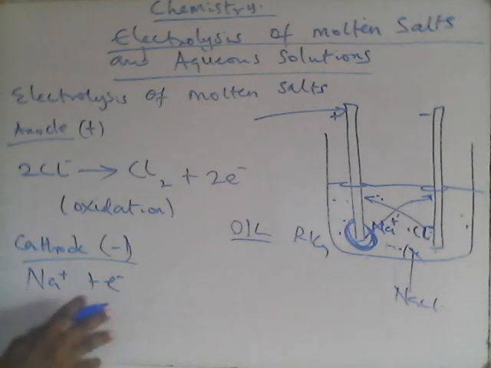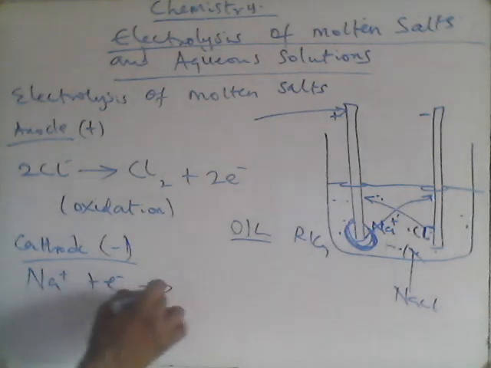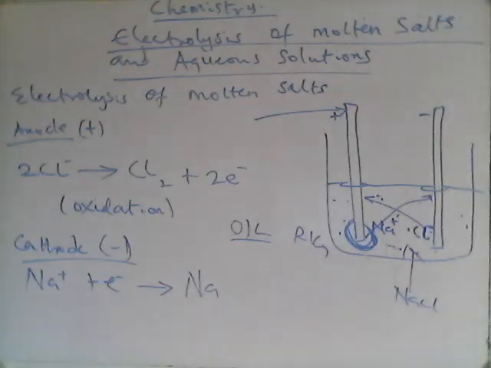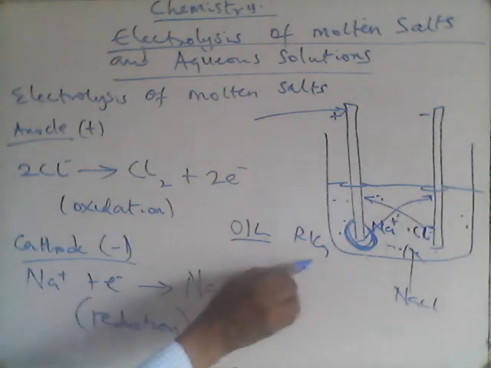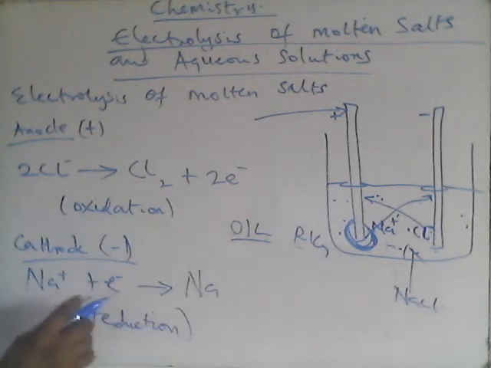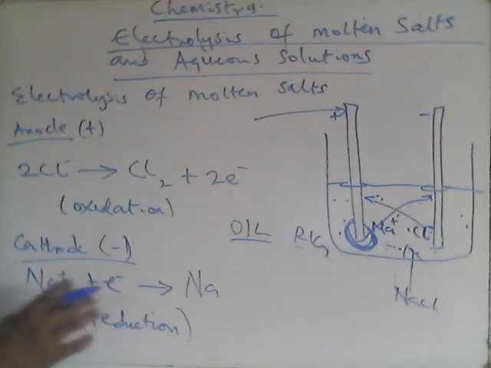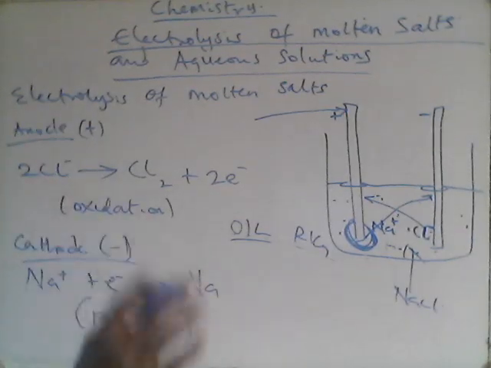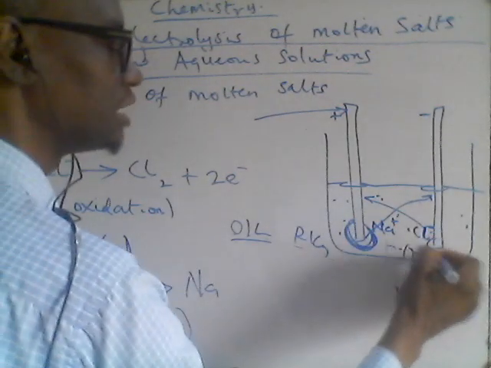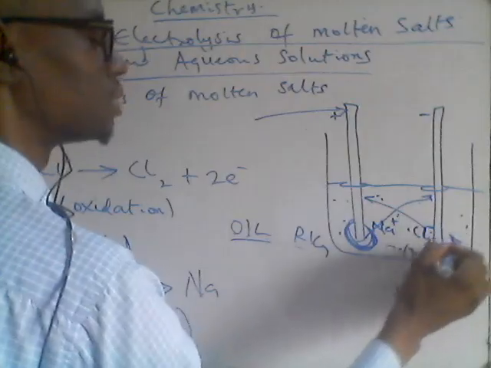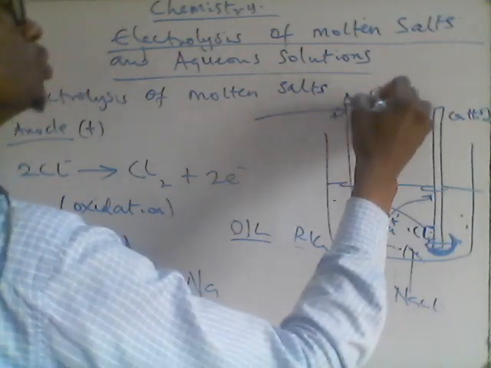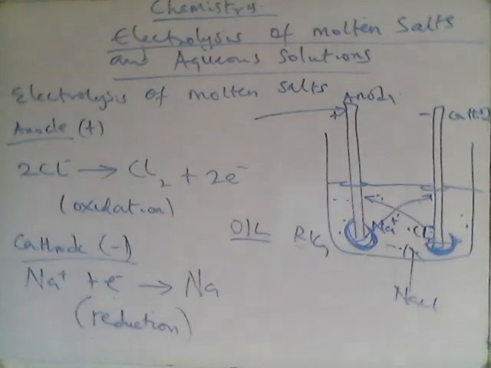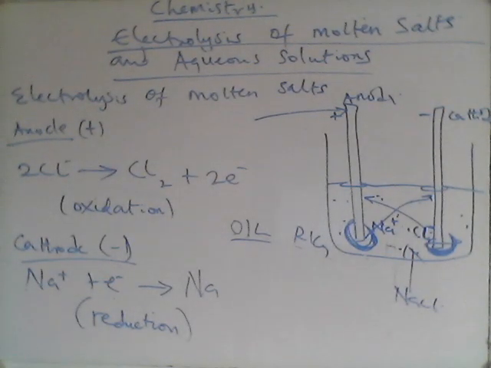It now becomes neutral sodium, and this process is called reduction, because an electron is gained. The sodium ion gains an electron to become sodium, and this sodium is deposited at the cathode. So I've explained it as simply as it can be.